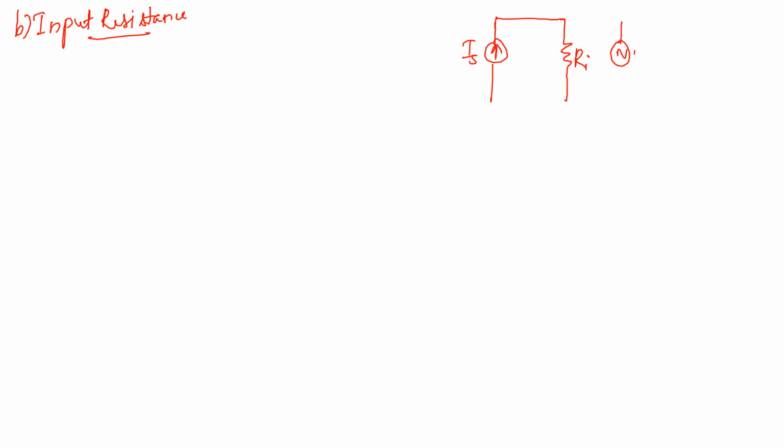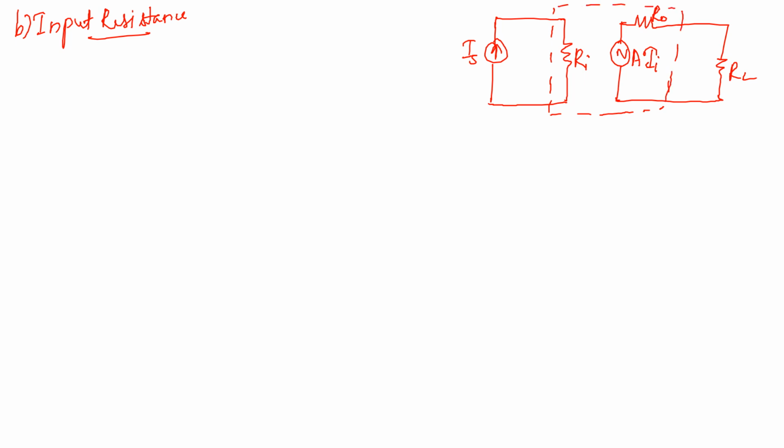The output side will be converted to your voltage source, that is A into II, Thevenin's equivalent circuit, and output resistance Ro, load resistance RL, right? RL. So this is going to be your transistor. Okay, and here you will be having the shunt connection.